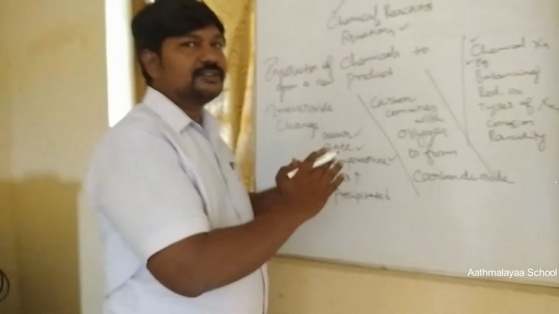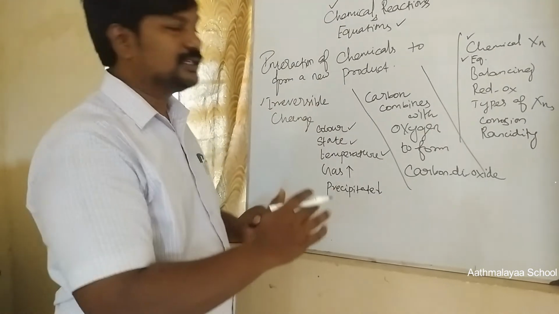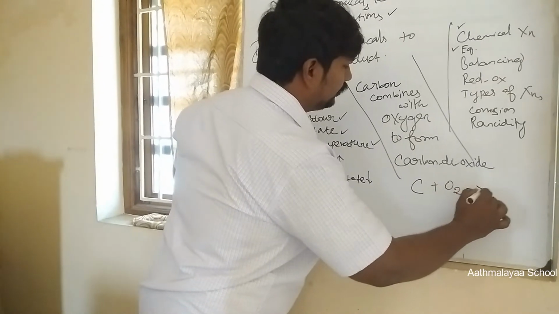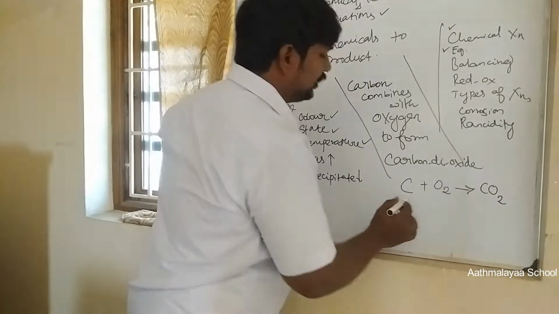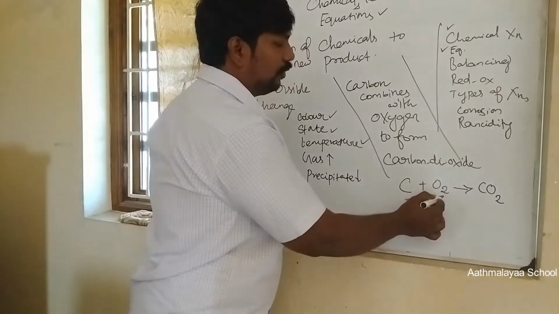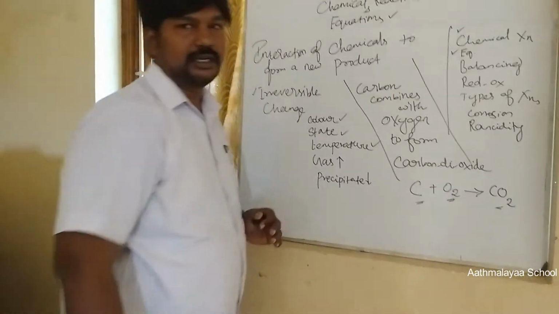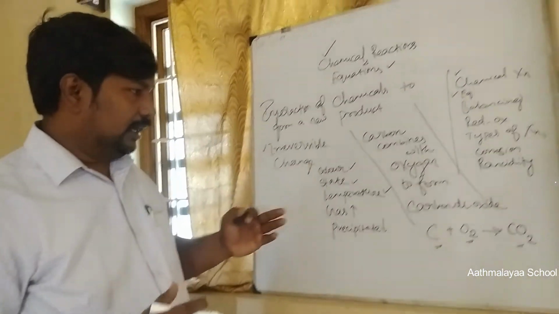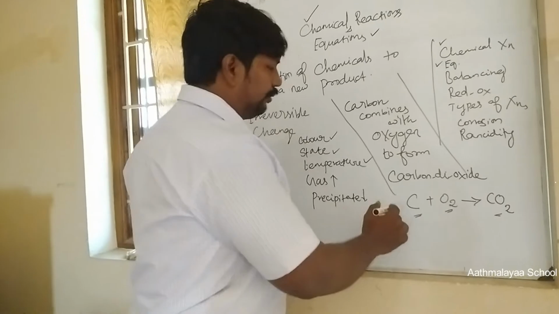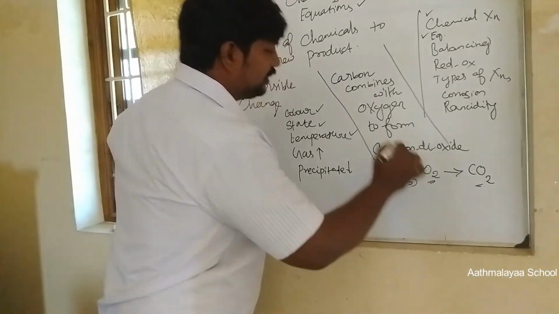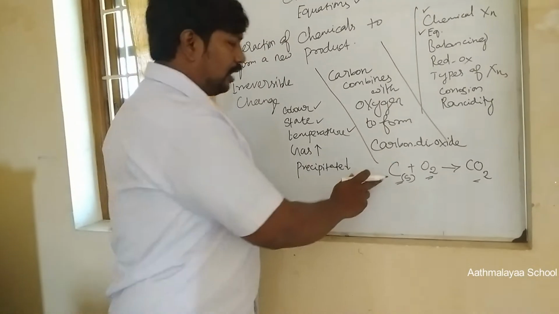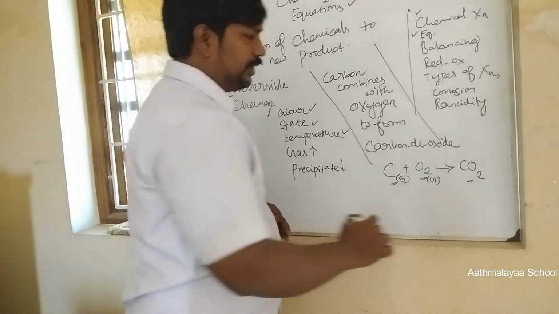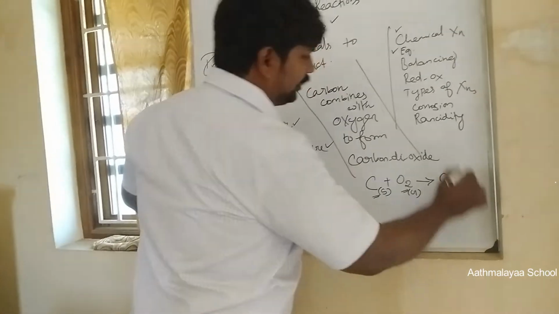This can be symbolized and mathematically expressed as C plus O2 gives CO2. That is the symbol of carbon, symbol of oxygen, symbol of carbon dioxide, right? This is the formation of carbon dioxide. This is called an equation, and the physical state can be mentioned. Carbon is in solid state, oxygen is in gaseous state, and carbon dioxide is also in gaseous state.